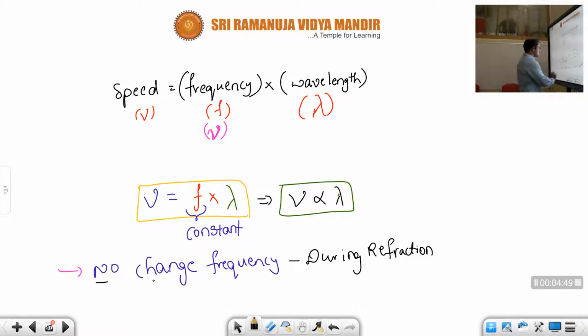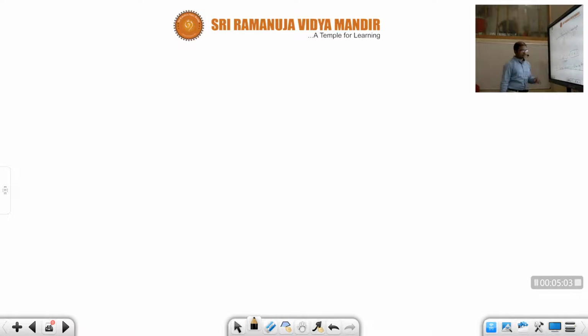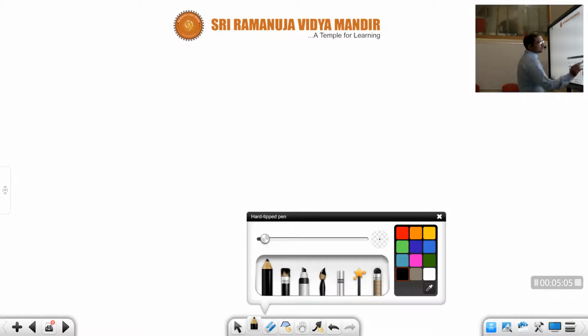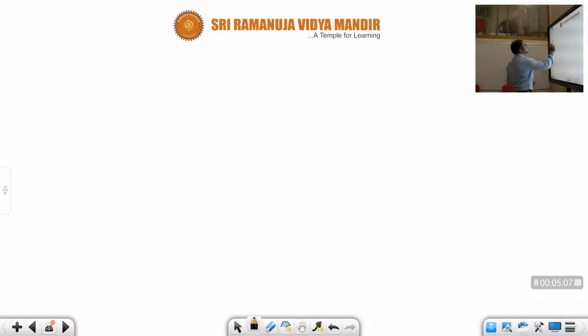So during refraction, V can be replaced with what, children? Lambda. In place of V, we can write lambda also. By using this, how can we rewrite the formula for refractive index?